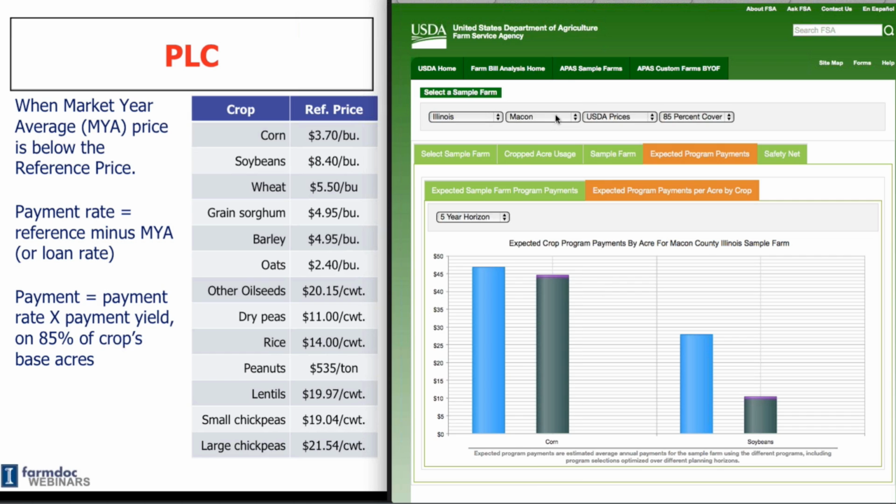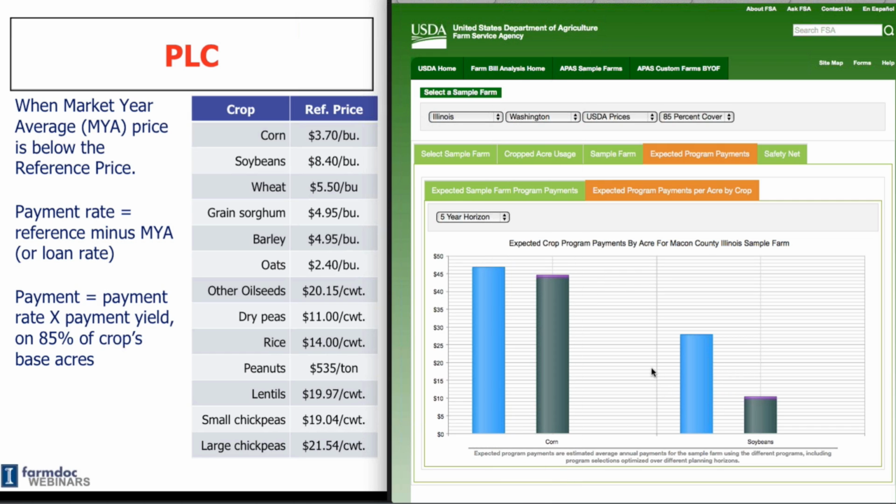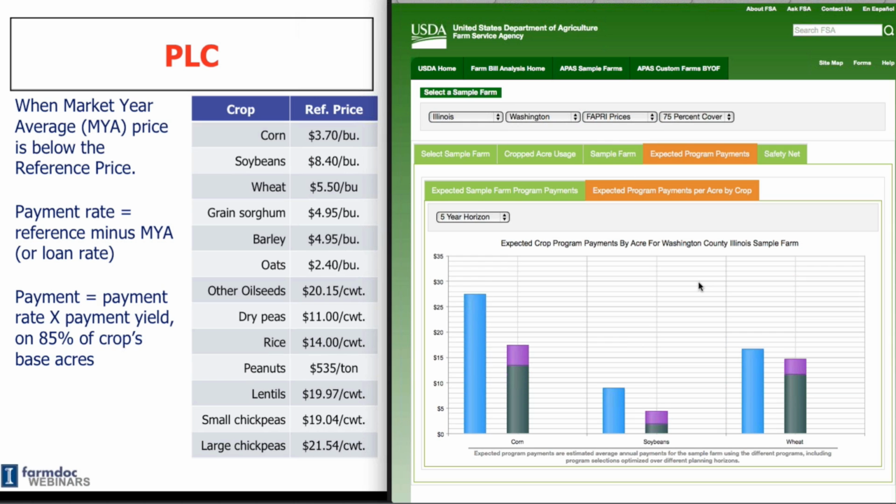I'm going to go down to Washington County, Illinois. Here's corn, soybeans, wheat, USDA prices, FAPRE prices, and CBO prices. The ranking's pretty much always the same: corn, wheat, soybeans.